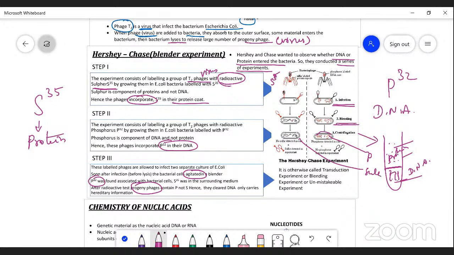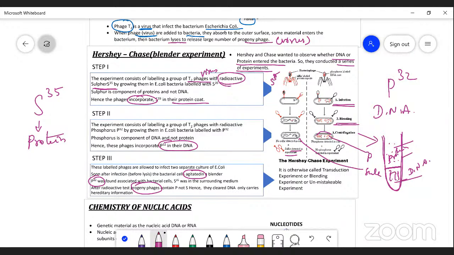They cleared that DNA only carries the hereditary information from the virus to the inside of the bacterial cell. Do you understand? So sulfur is detected only in the supernatant. Suppose we take the mixture in the test tube. In the supernatant part we can see the sulfur, and phosphorus we can't see in the supernatant part. It will settle in the region below.